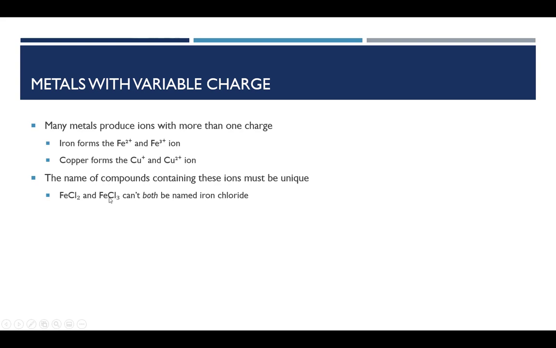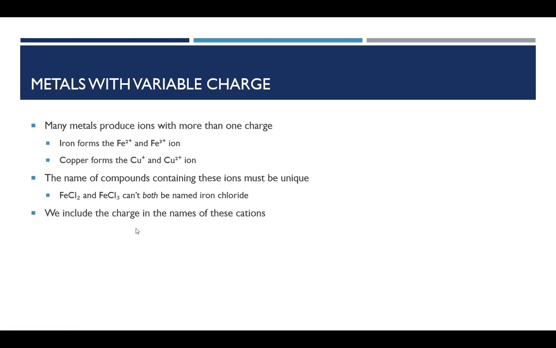Don't forget, Rule 1 says that the total charges must add up to 0. So if this iron has a 2+ charge, chloride always has a -1 charge. We would need 2 of them to cancel out the 2+ charge. So we can't name both of them iron chloride because we wouldn't know which one we're talking about. And in fact, they have different properties.